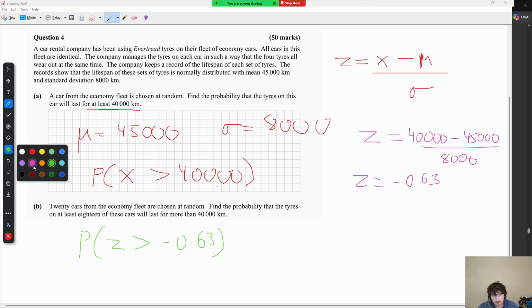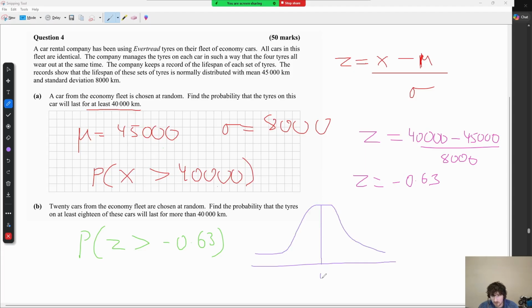Now, when you're looking for an area like this, you need to always draw the bell curve, both for you and the examiner, and shade in the area that you're trying to get, just in case you don't get it right. And it also helps you get the area. So it doesn't have to be super to scale, minus 0.63. Now you want the area greater than that, so you're looking for this green area here.